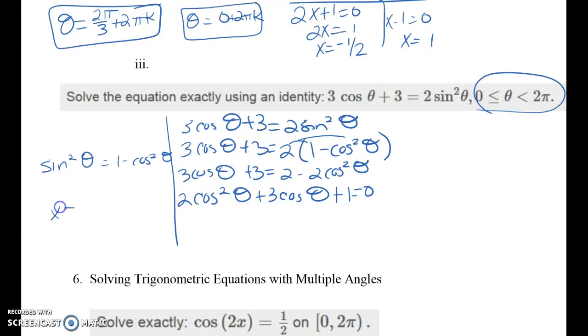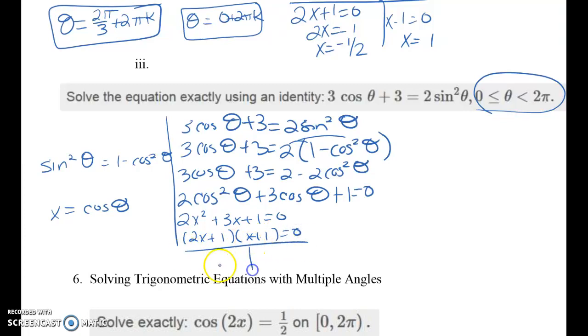Now another substitution I'm going to make is I'm going to change over variables here. So I get 2x squared plus 3x plus 1 equal to 0. When I factor this out, it gives me 2x plus 1, x plus 1 equal to 0. And then solve accordingly. And so the two answers that I get is I get x equal to negative 1/2 and x equal to negative 1.